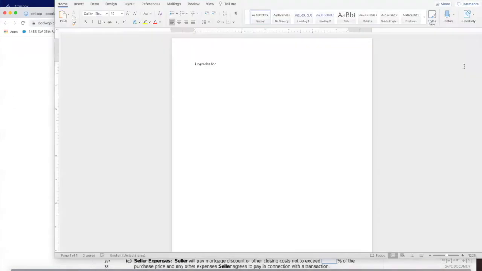And you will list all the items. Item 1, new kitchen, and then you can ask the seller, how much did you spend on the kitchen? For example, he will tell you $20,000. Then new driveway, etc.